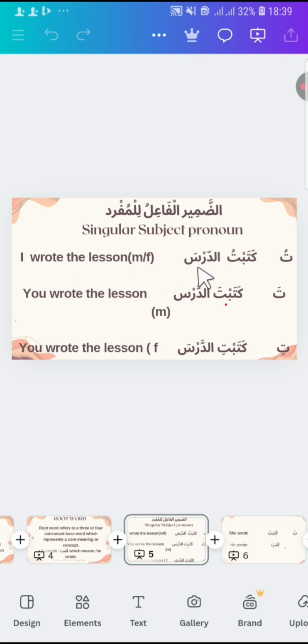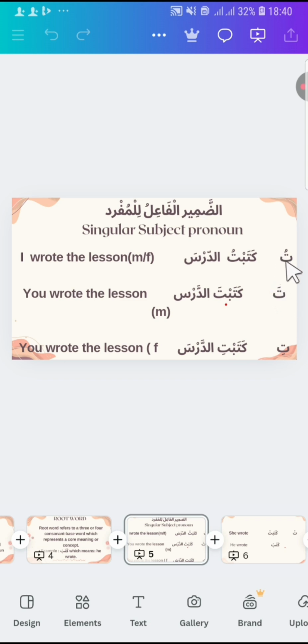This ta is the attached pronoun, attached to katab. Katabtu, I wrote the lesson. Then we have the other ta. These two we can use for both male and female.